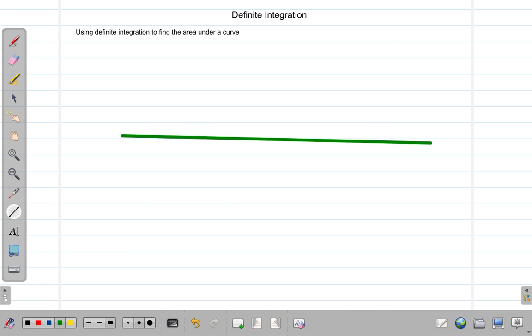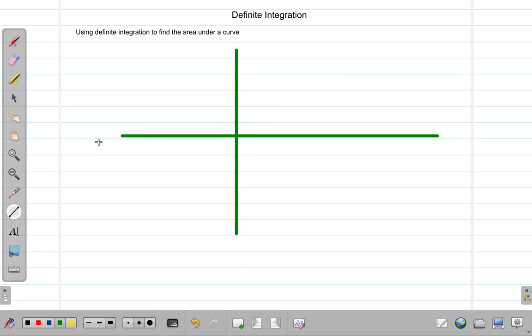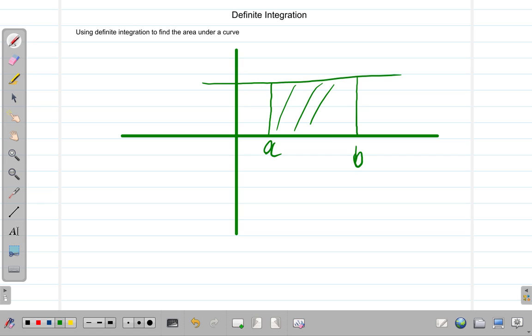We had the x-axis, y-axis, then a straight line. We integrated from one point, call this A, lower boundary, to another point, B, and we found the area here, shaded area.